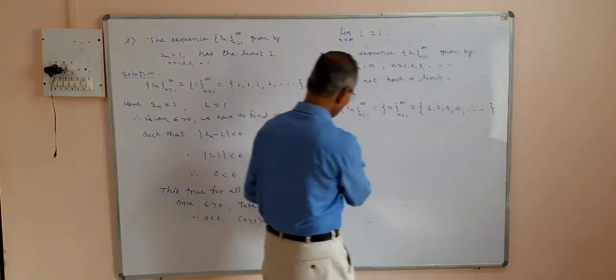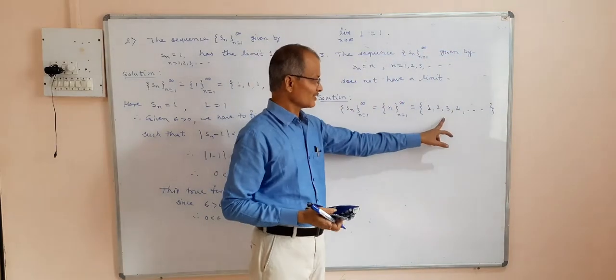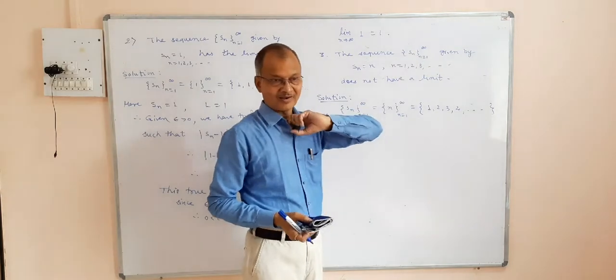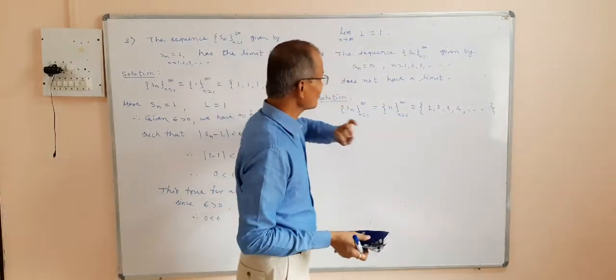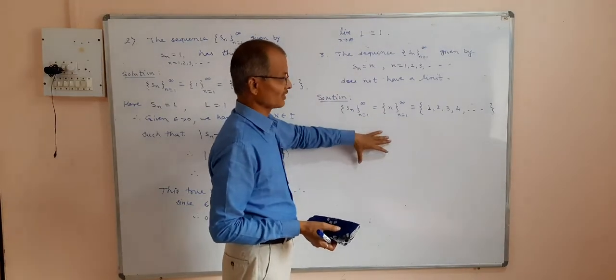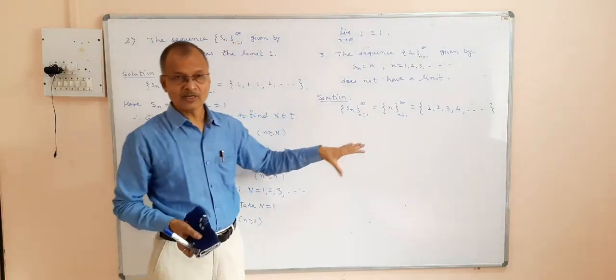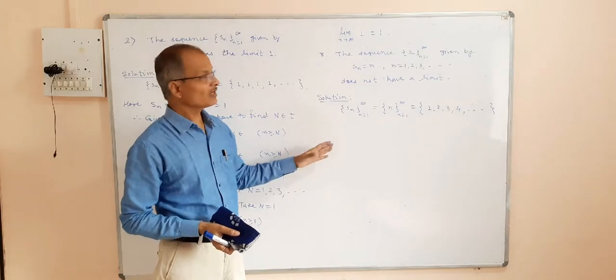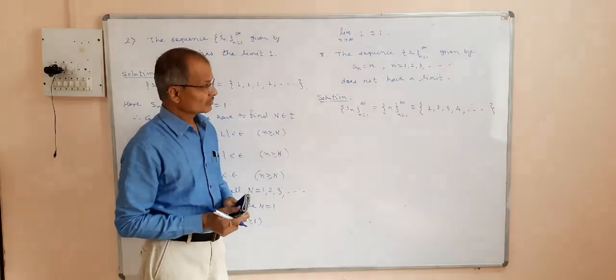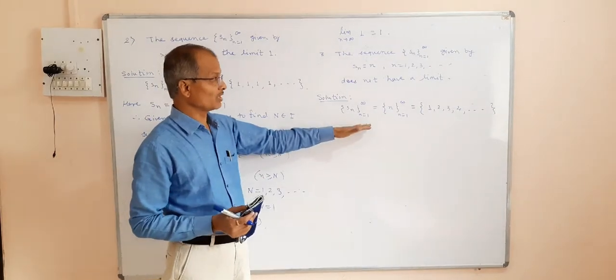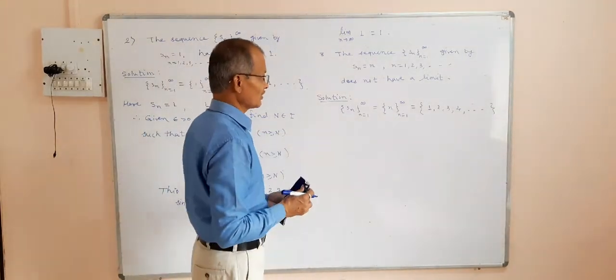As n increases, the number increases, and therefore this will not approach any fixed number. We should not say infinity is the limit of this sequence, because infinity is not a fixed number, and the limit of a sequence, if it exists, must be a unique number. So this sequence has no limit.